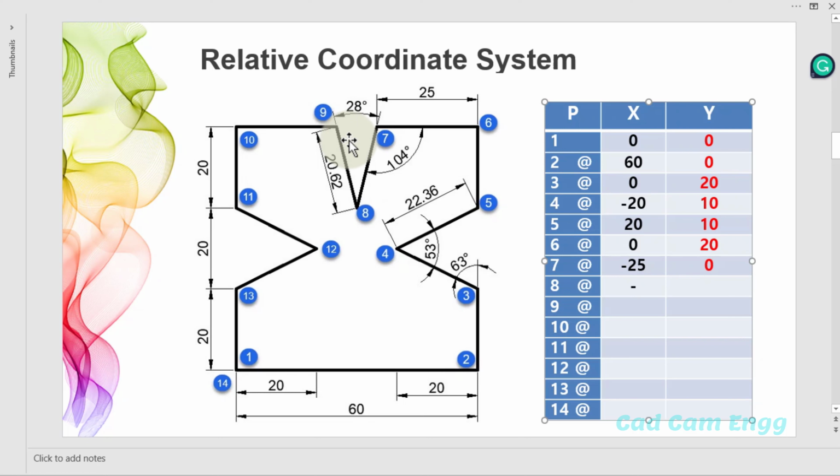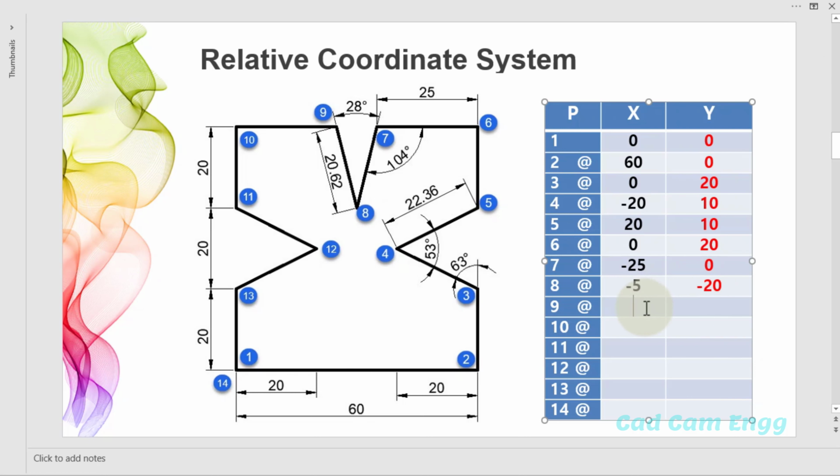So I give minus 5 in the x-axis. In the y-axis the total height is 20, the value is given, so I take 20. But here y-axis is also minus. Don't forget to give the minus sign.